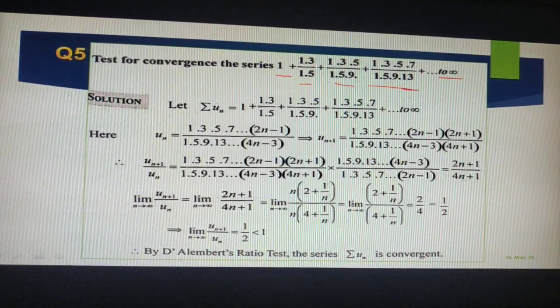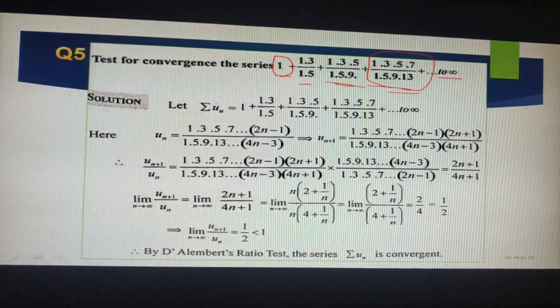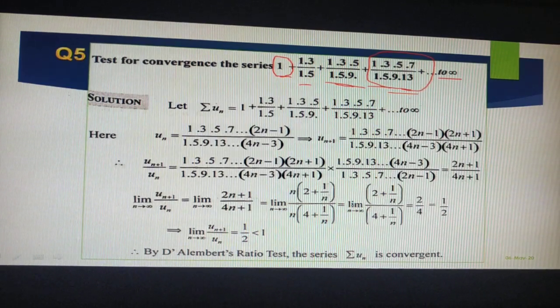Anyway, let me take any one. It is better to take higher terms, because you will not get any information from the first term itself. Better to go to either the third term or the fourth term. With the help of that we have to see carefully what is happening when it continues. Two changes are there. There may be an nth term.